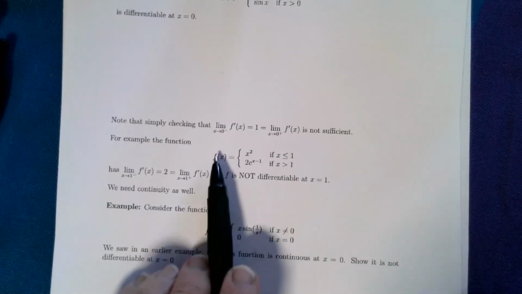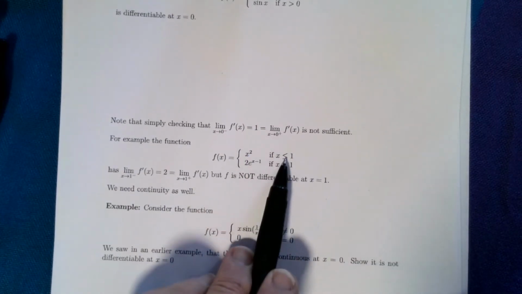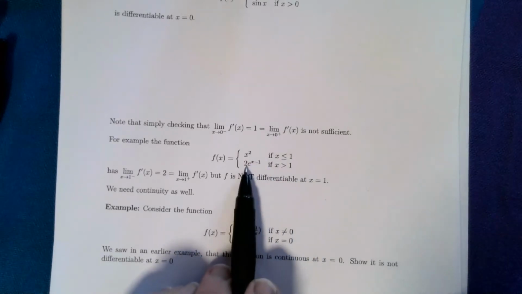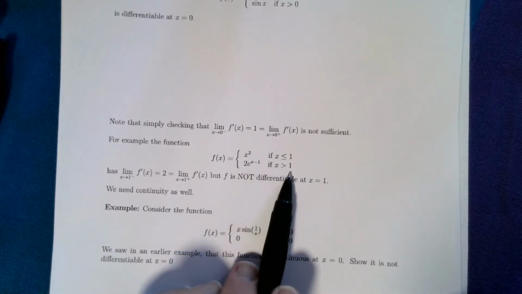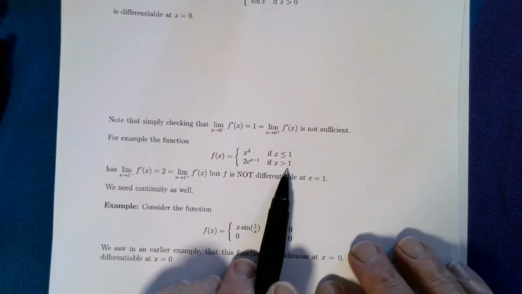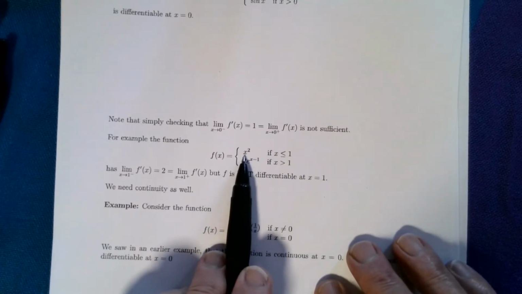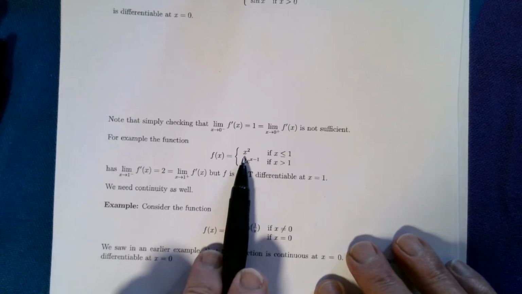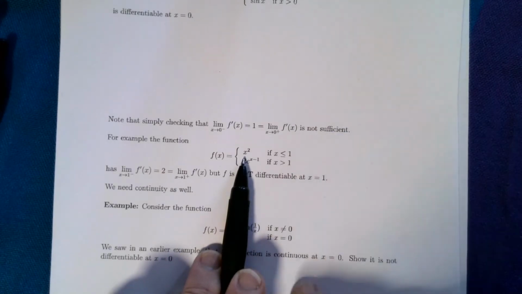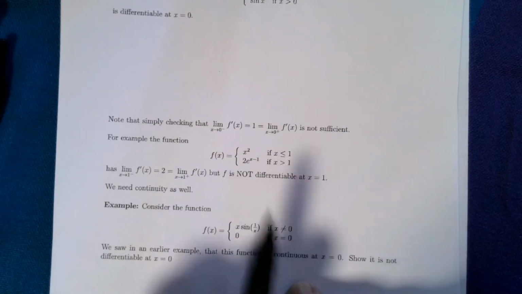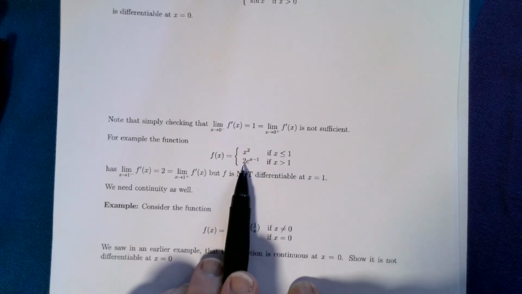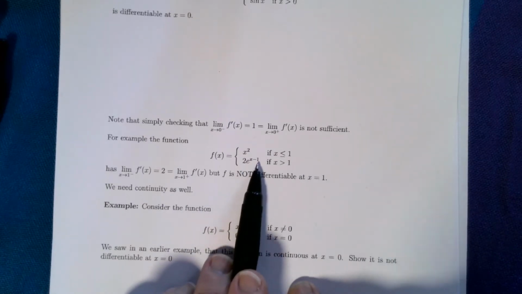We've got f of x is x squared if x is less than or equal to 1, and it's 2e to the x minus 1 if x is bigger than 1. Now, if you just look at the derivatives, if you differentiate x squared, you get 2x, and then you put x as 1 in, you get 2. If you differentiate this, well, you just get 2e to the x minus 1.